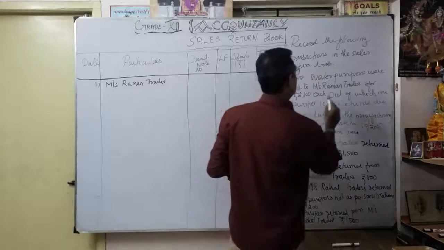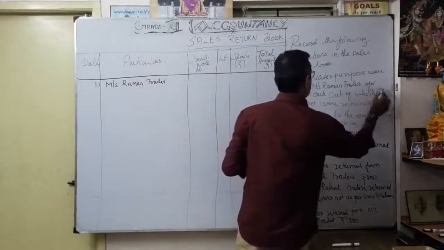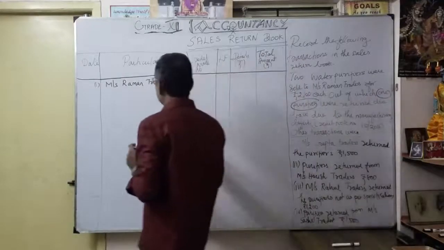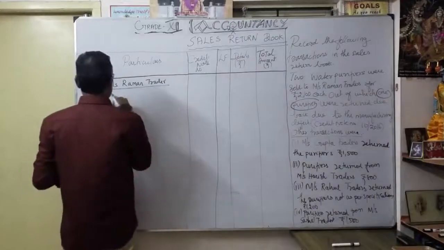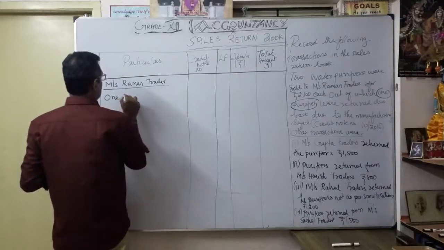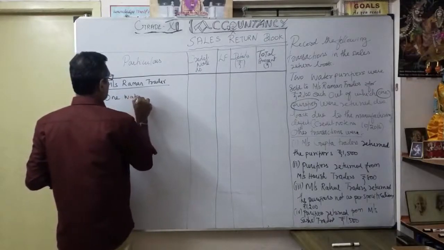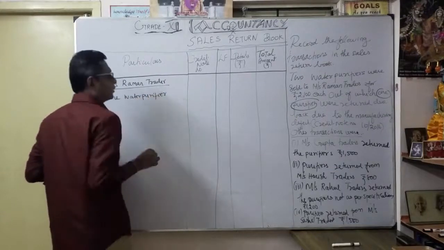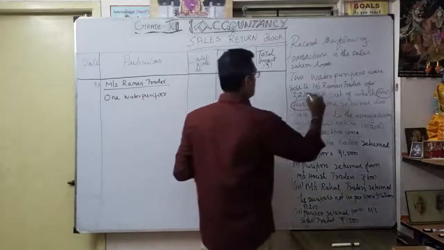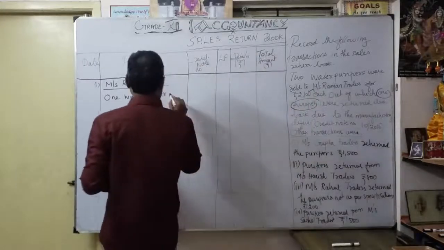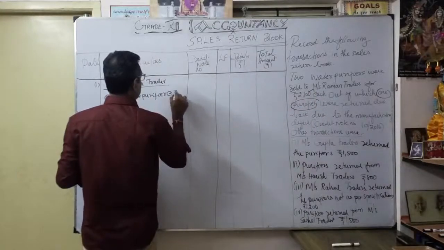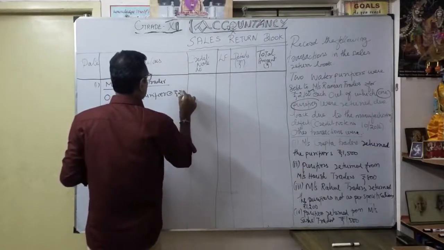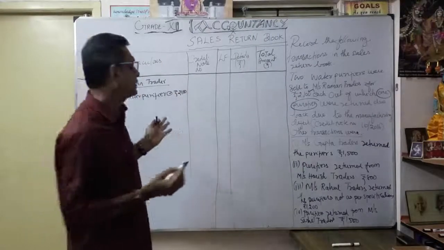Out of which one water purifier, at the rate of 2,100 each. So here no discount, nothing, so we can write it directly.